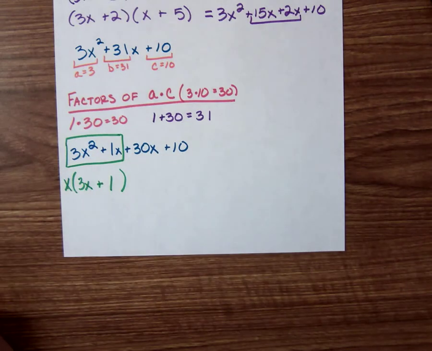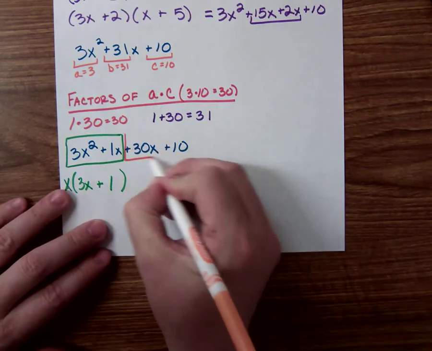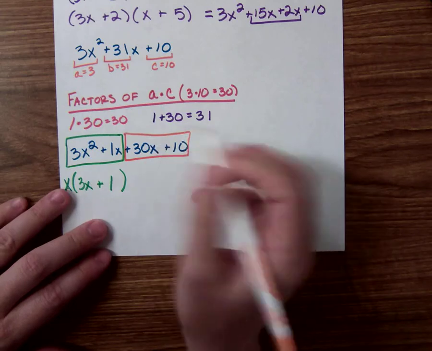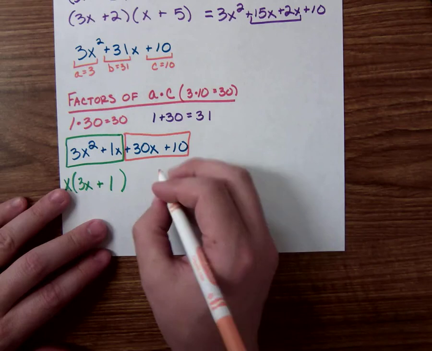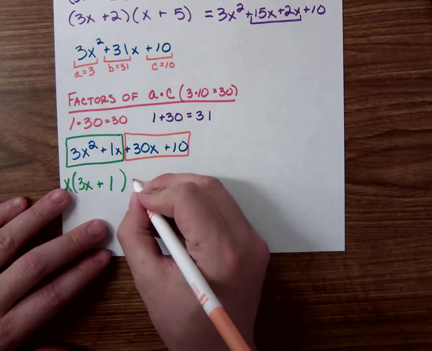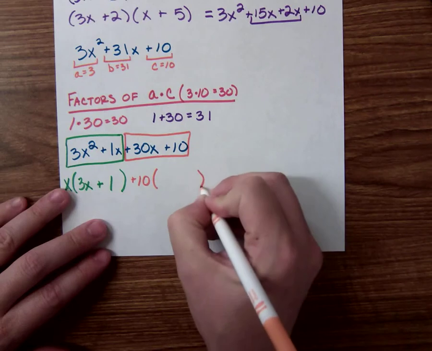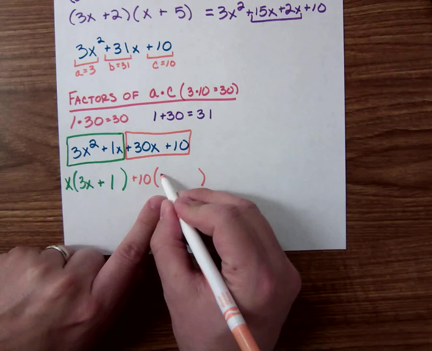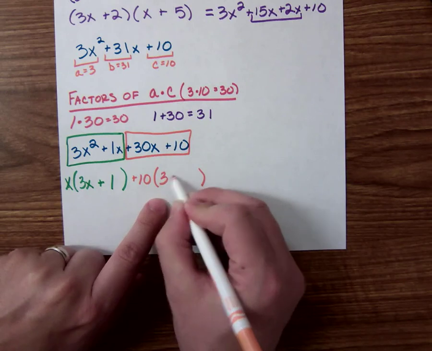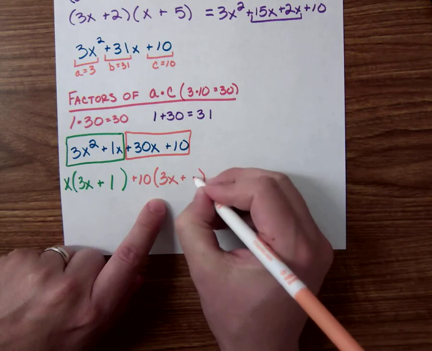Okay. Then I'm going to do the exact same thing with the second pair. What's the greatest common factor of 30x and 10? 10. Instead of 30x, I will now have 3x. And instead of plus 10, I will now have plus 1.